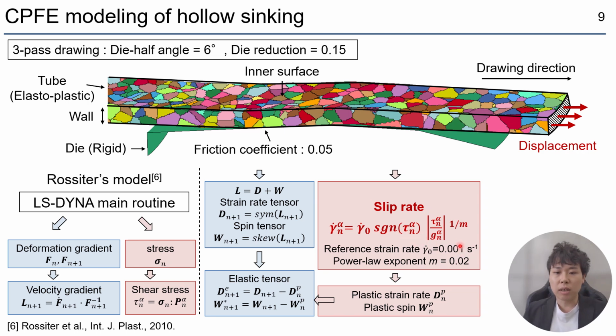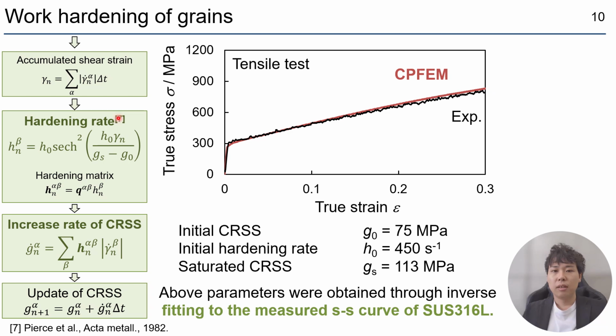I modeled the work hardening as an increase in CRSS. The increase in CRSS was modeled following the Pierce hardening law, and the hardening parameters were calibrated by fitting the CPFEM stress-strain curve to the experimental curve.